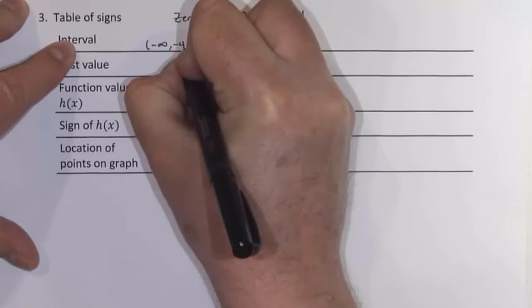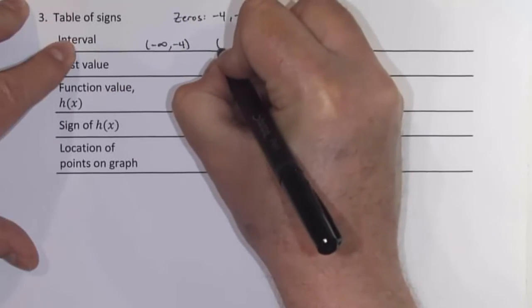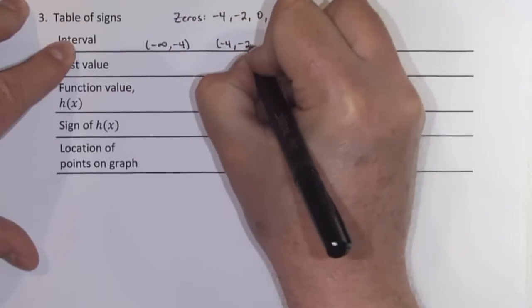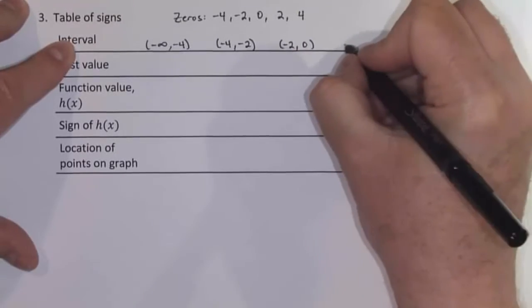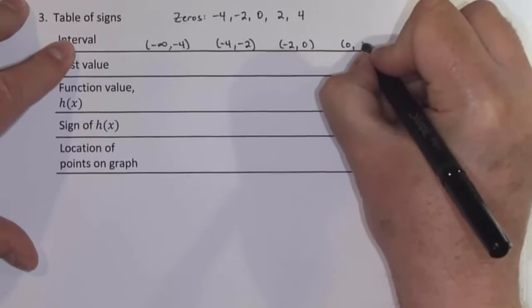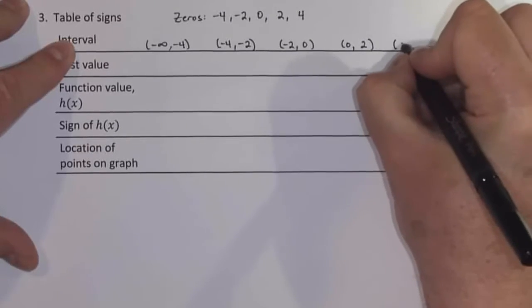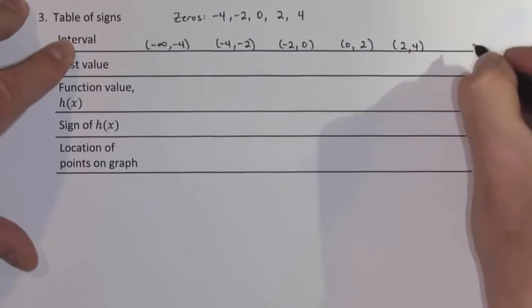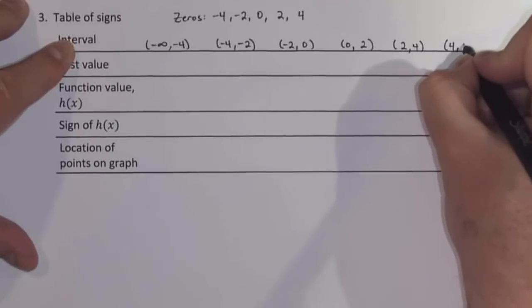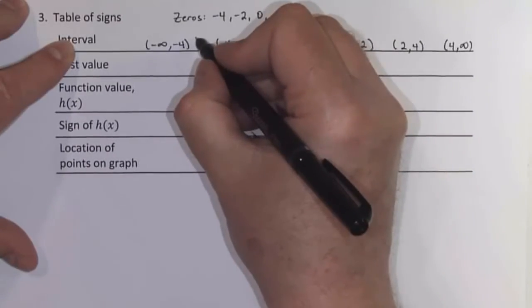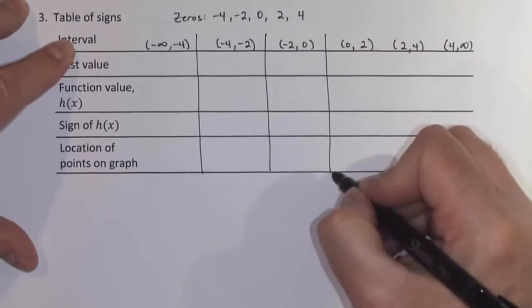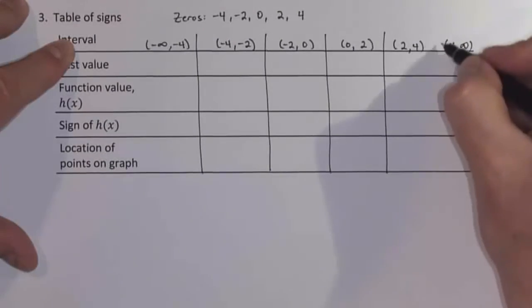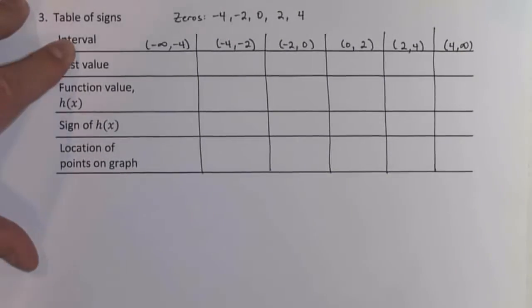So we're going to be looking at negative infinity to negative 4, negative 4 to negative 2, negative 2 to 0, 0 to positive 2, 2 to 4, and finally 4 to infinity. So again, this is making 6 different intervals for us.